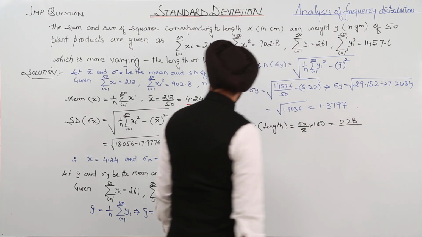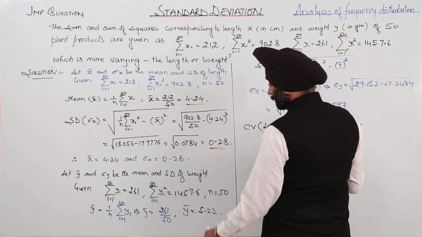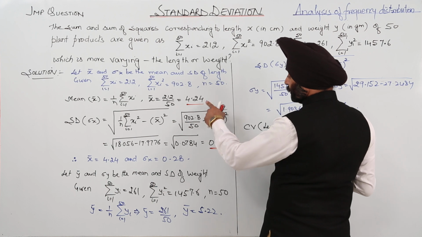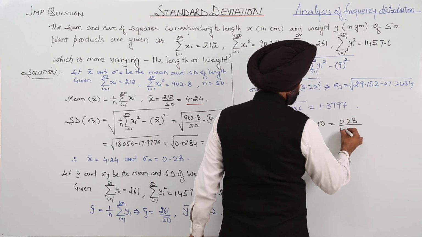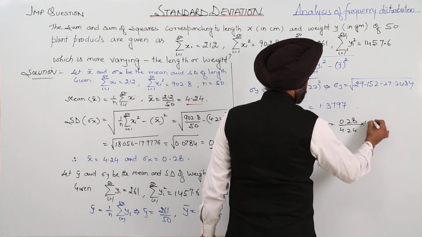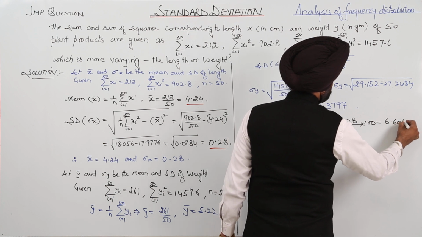Standard deviation is 0.28, mean is 4.24, so 0.28 upon 4.24 times 100. Now this becomes 6.604.